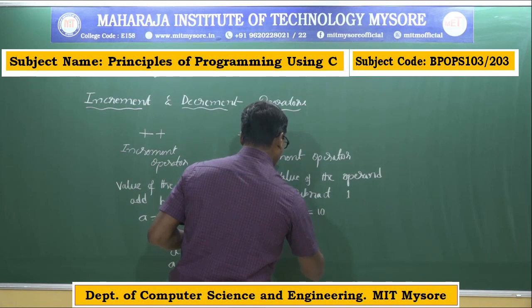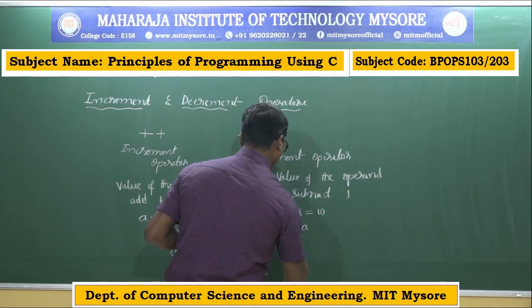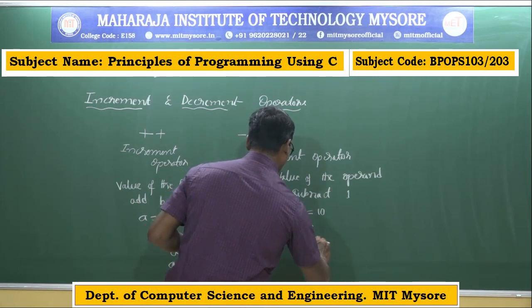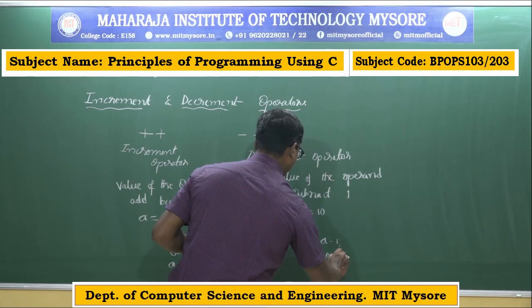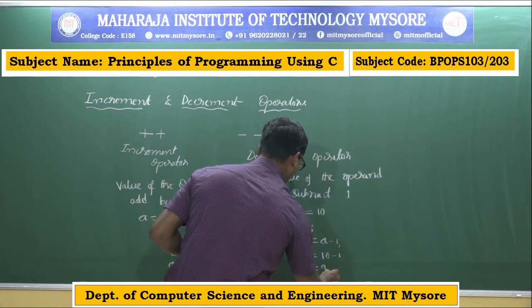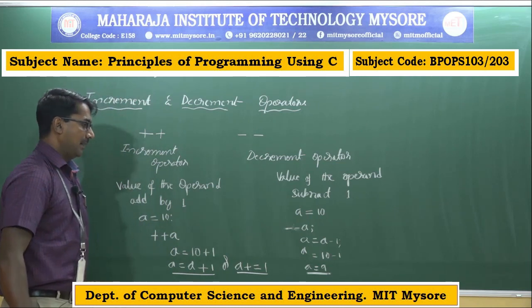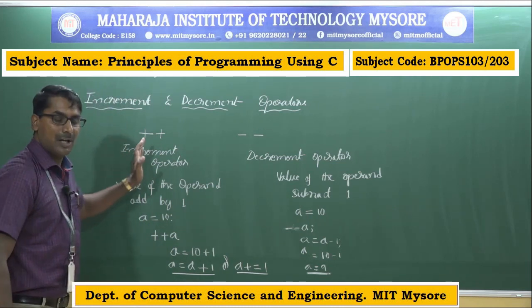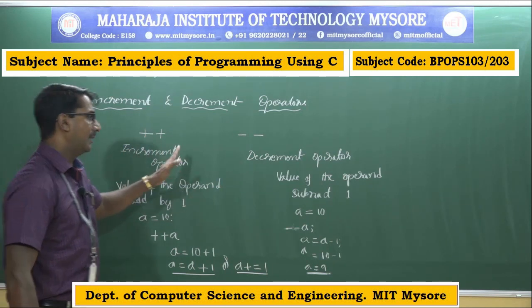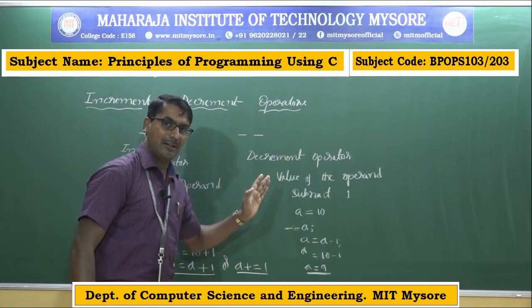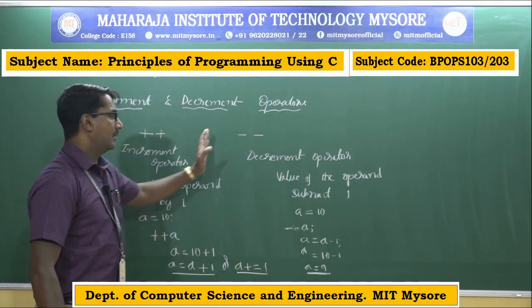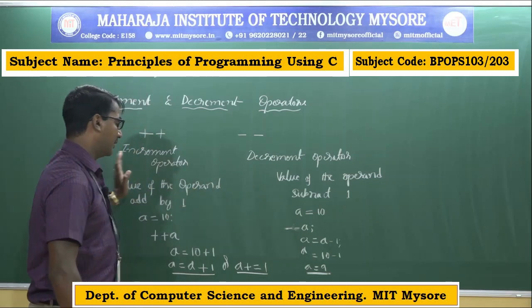If I write minus minus A, now the value of A is equal to A minus 1, means A is equal to 10 minus 1. So after the expression execution, the value of A will be 9. In the increment operator the value increases by 1, and in the decrement operator the value decreases by 1.